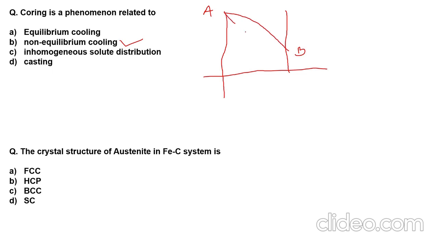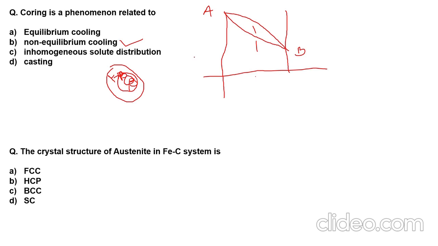When you try to solidify the mixture, because there are two phases, alpha and beta, your B phase, at a lower melting point, starts to solidify before your alpha does. So your core, the center of your melt, will form B atoms. But as time progresses, alpha also solidifies along with B, so we can have alpha plus beta. But the core was concentrated with beta atoms, the beta phase.